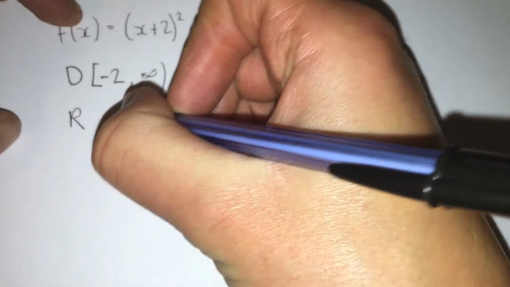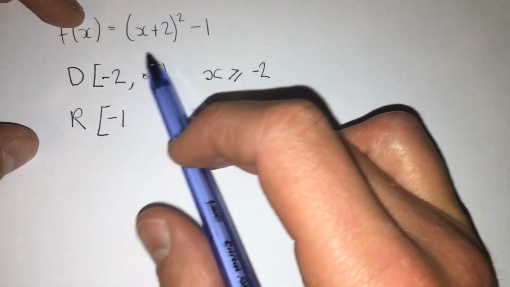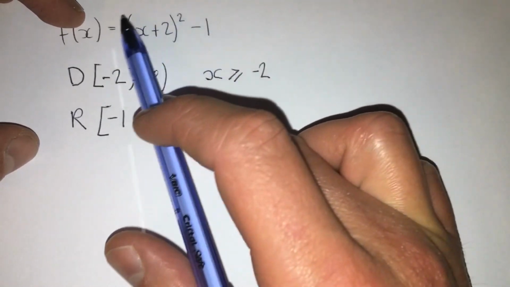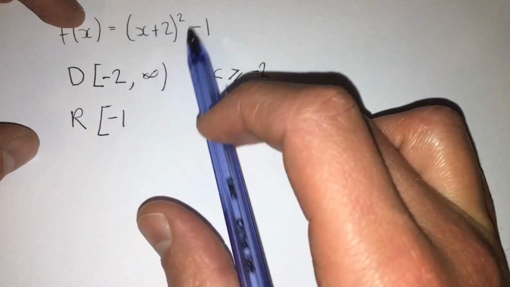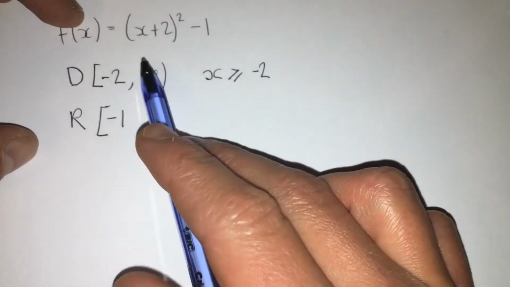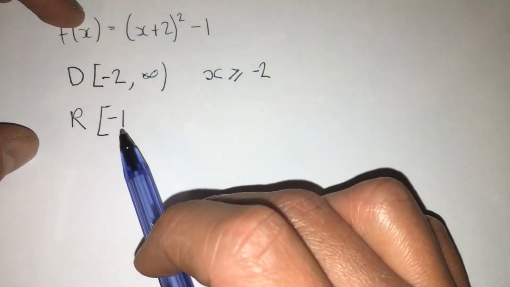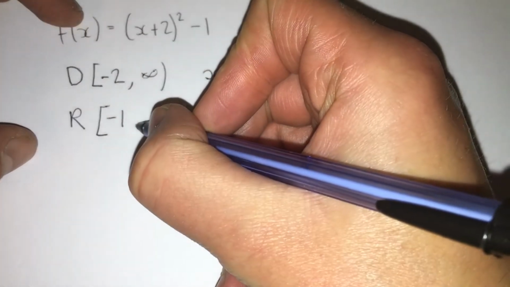So we'll put a negative 1 as the lower limit of this. How do I know that that's the lowest one? Well, when you square something, it's always greater than or equal to 0. It's always positive apart from when it is 0. So the smallest this bit can be is 0, and then you take away 1. So we know that the lower limit of that is negative 1.